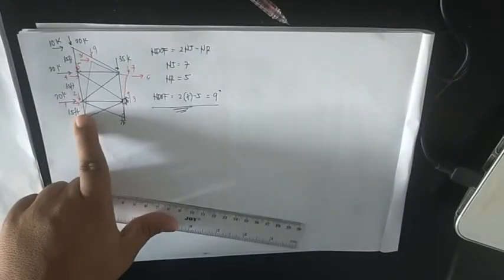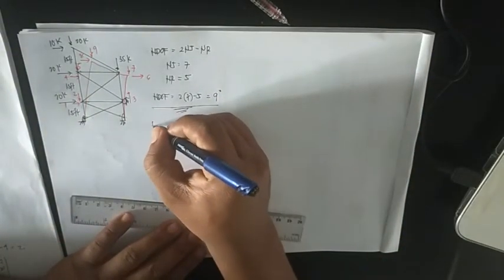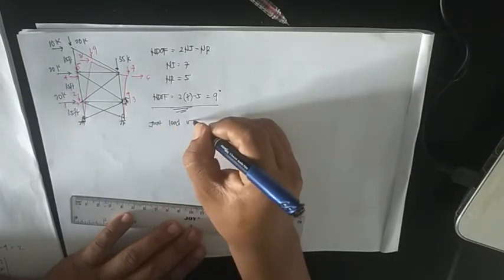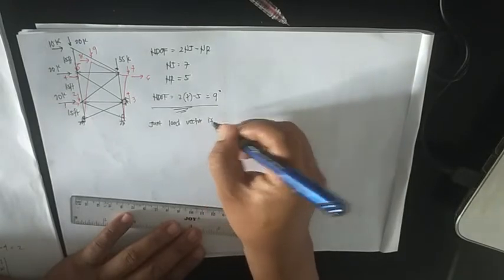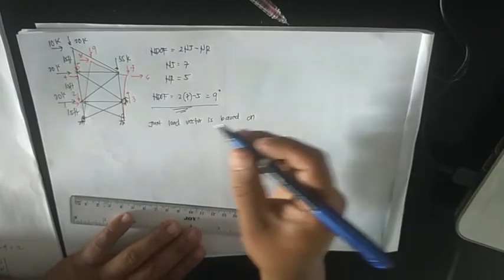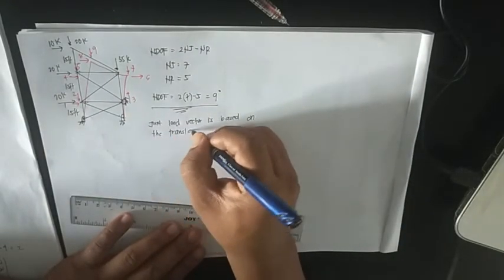Meaning the joint load vector is based on the translation. Okay? What is the meaning?